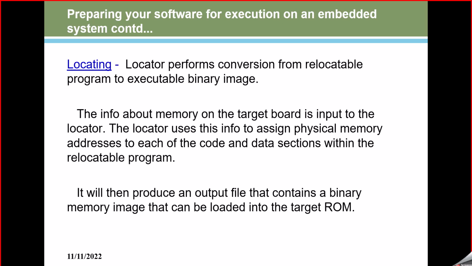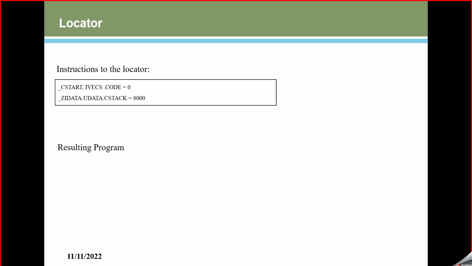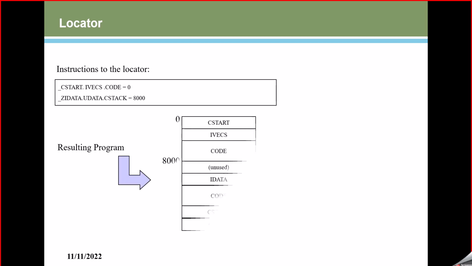So that's where the locator or relocator will help us assign the physical base address of the memory location. Correct? This is the last step of the compilation stages, after which the program should run from a memory location.